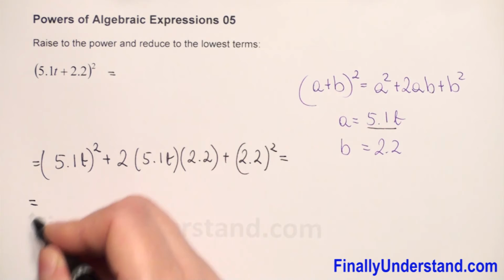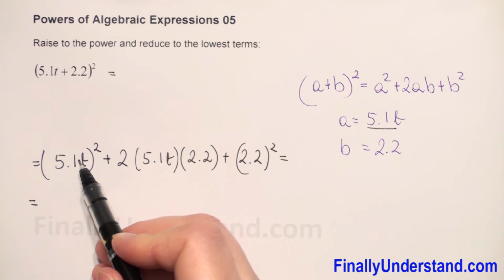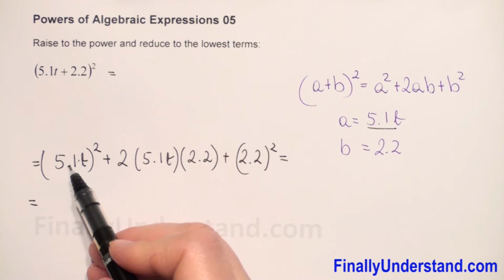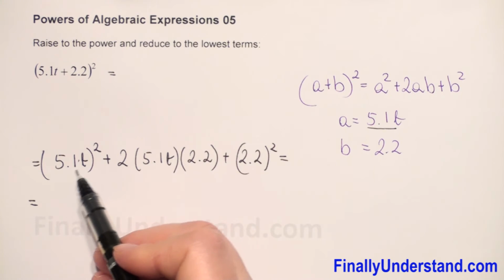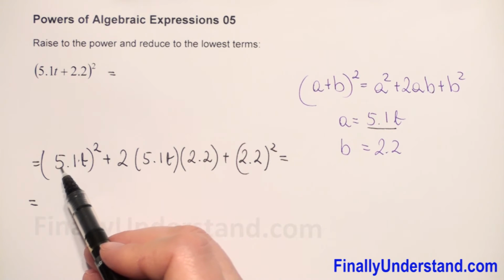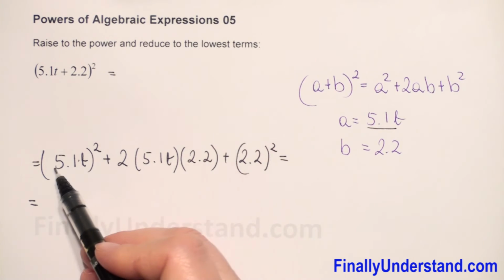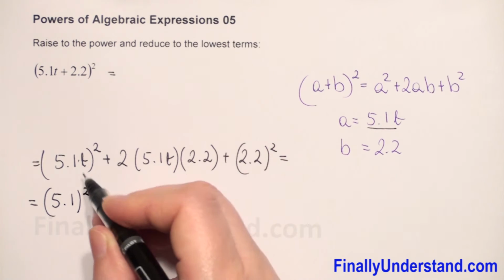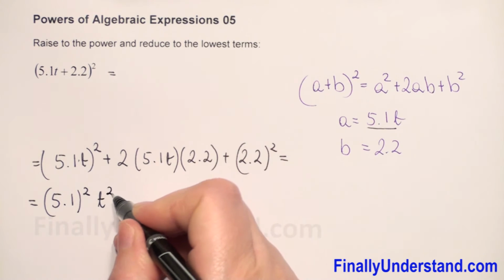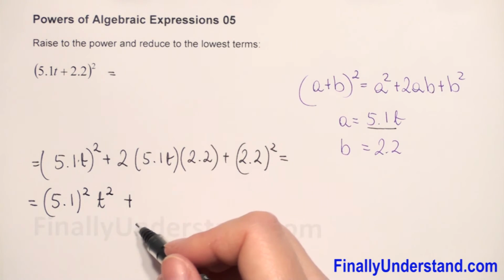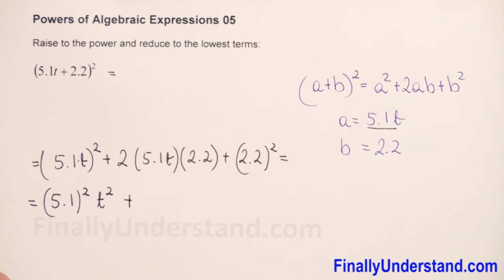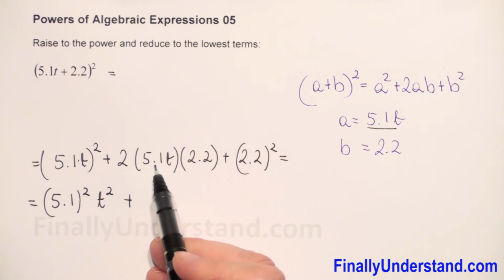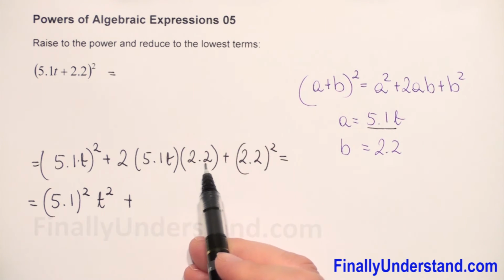This is equal. Next we have multiplication here, so we need to raise to the second power every term. So we have to raise to the second power the coefficient 5.1 to the second power, and next we have t to the second power, plus. Next we have to multiply 2 times 5.1 and times 2.2.